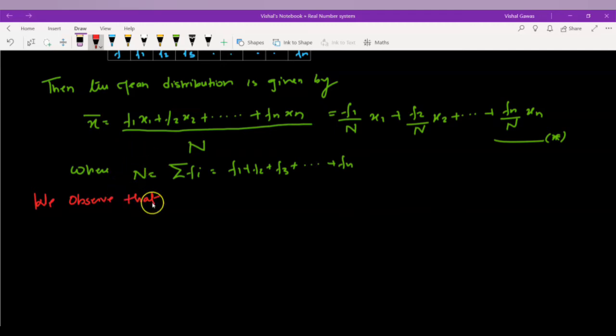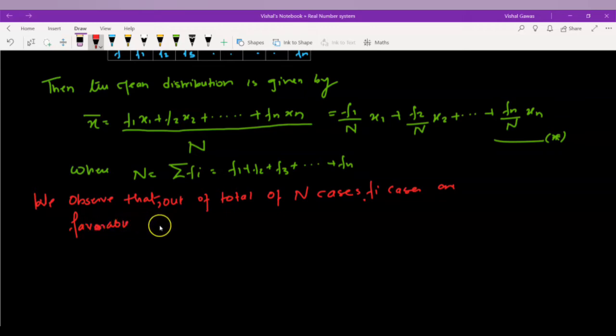We observe that out of a total of n cases, fi cases are favorable to xi.